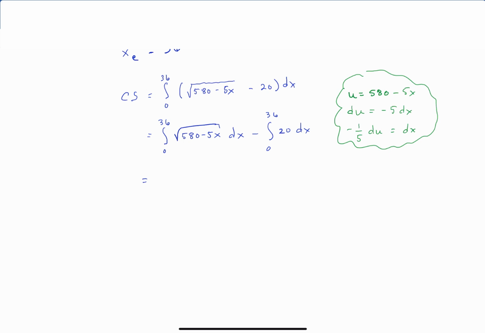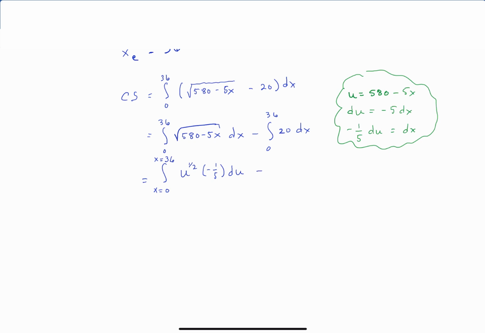Now, for the first integral, the integrand is now square root of u, which I'm going to call u to the 1/2, and then I have times minus 1/5 du in for the dx. I think I won't change the limits of integration here. I won't change them to u values. In other words, I'm planning to put the x's back in. And to remind me not to put in these numbers for u's, which is so easy to do, I'm going to note that those are x values.